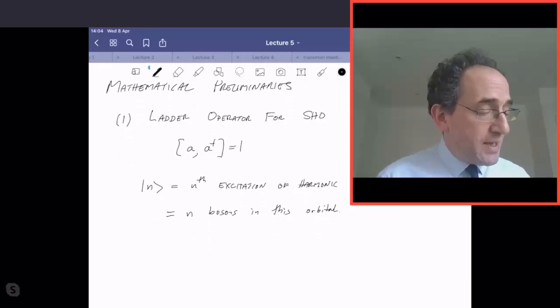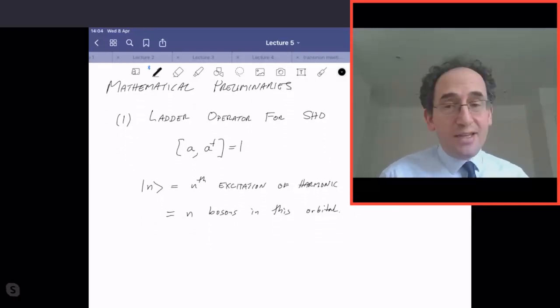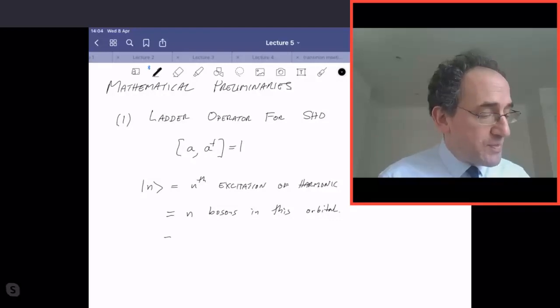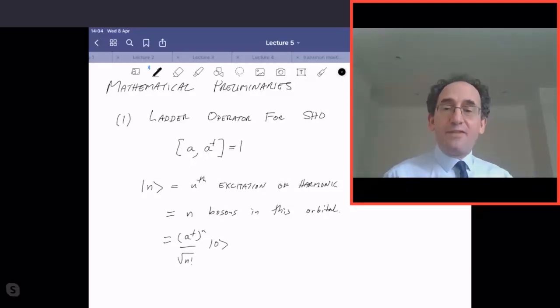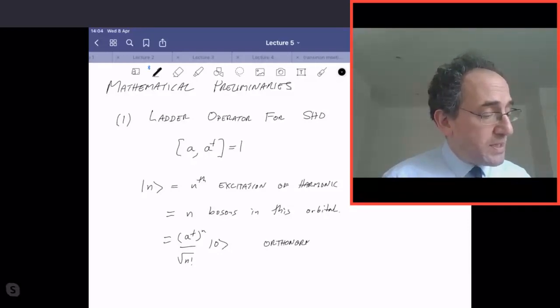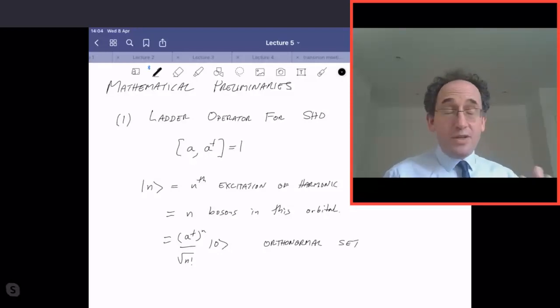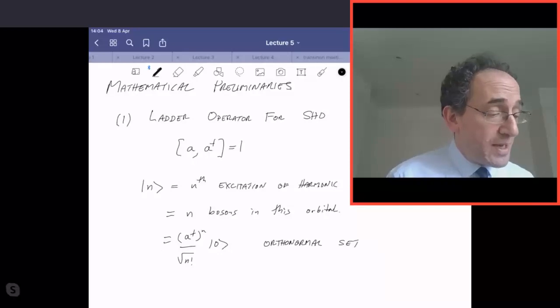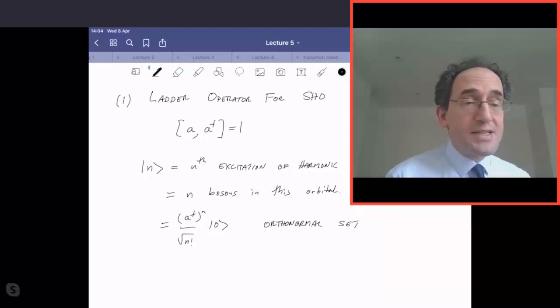At any rate, the nth excitation state, the ket n, we can write in terms of the ladder operators as a dagger to the n over the square root of n factorial on 0. The square root of n factorial is there so it comes out normalized, and this makes an orthonormal set of excitations of the harmonic oscillator. It actually makes an orthonormal set spanning the whole Hilbert space of the single harmonic oscillator.